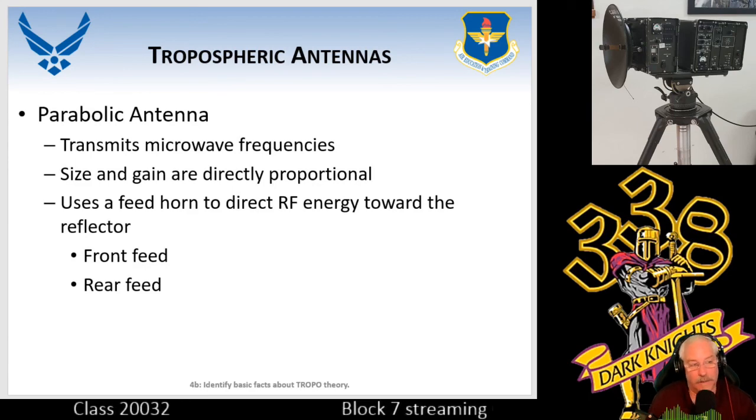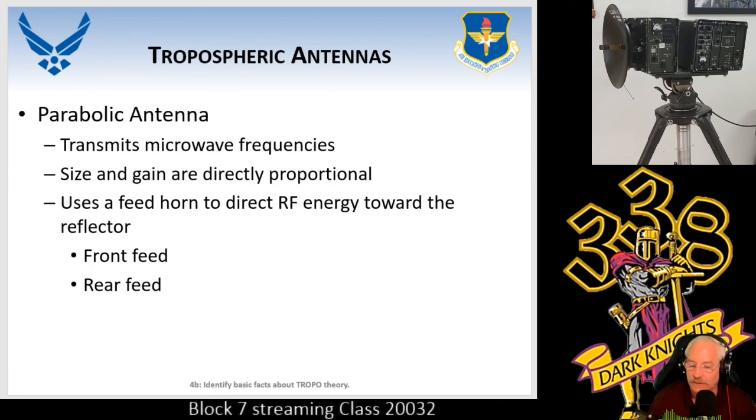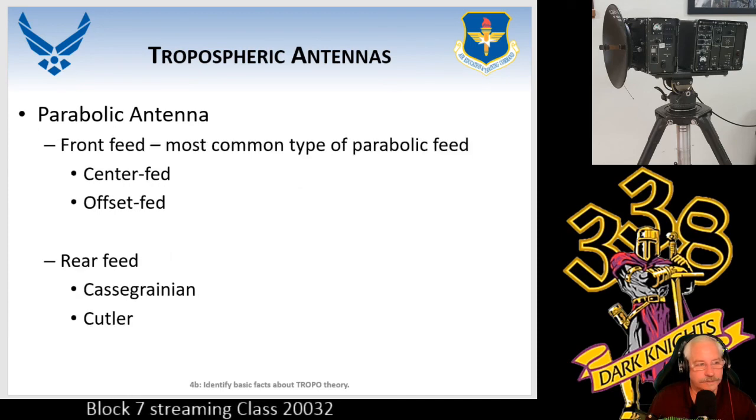We have a parabolic antenna, and that's the dish. Again, size and gain are directly proportional. In other words, the larger the size of your dish, the better the gain. It also means that you can focus it more. We have two different types of feeds. One's a front feed, one's a rear feed.